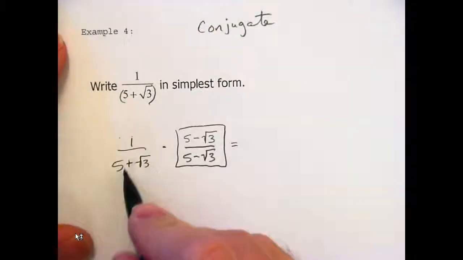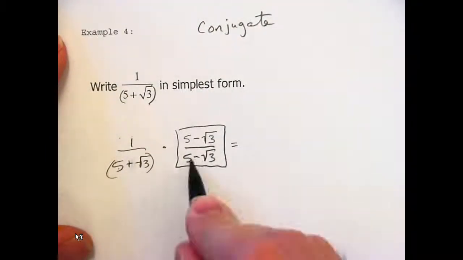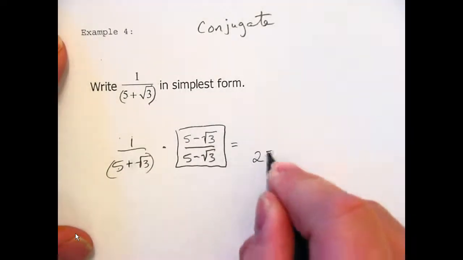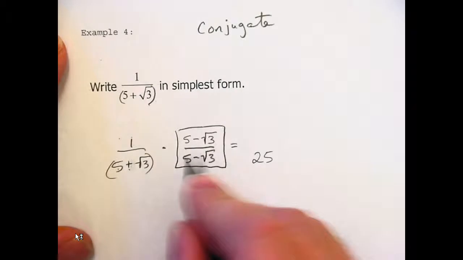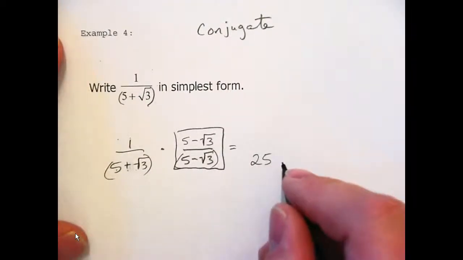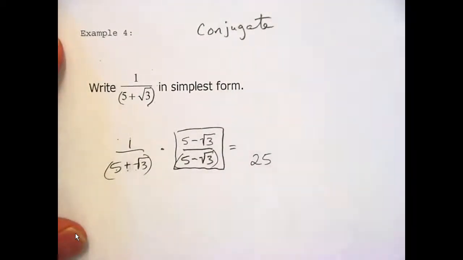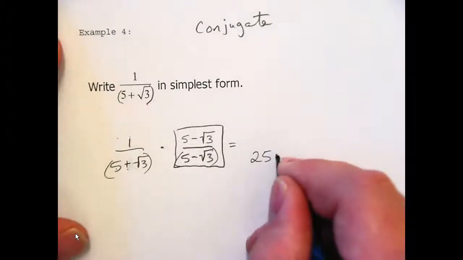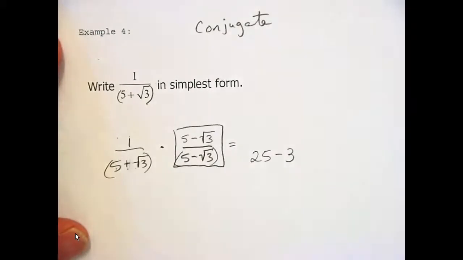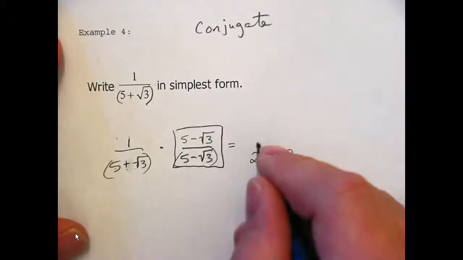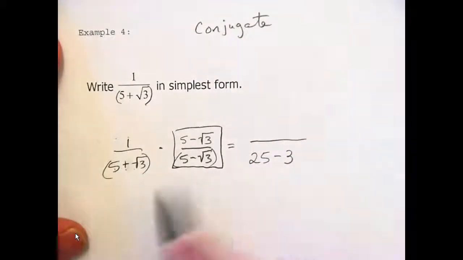Well, notice my first term is 5. 5 squared is 25. And it's plus and minus. This is a difference of 2 squares, so root 3 squared is root 9, which is 3. So that is 25 minus 3. Okay, so that just pulled the radical out there.